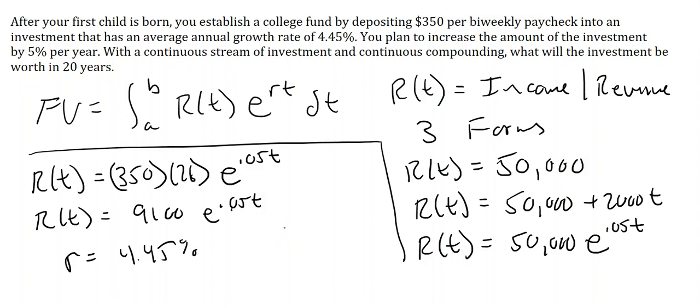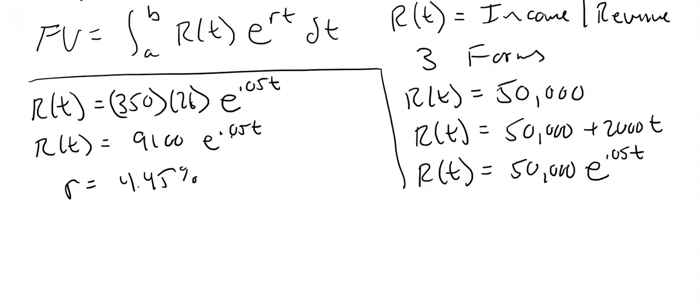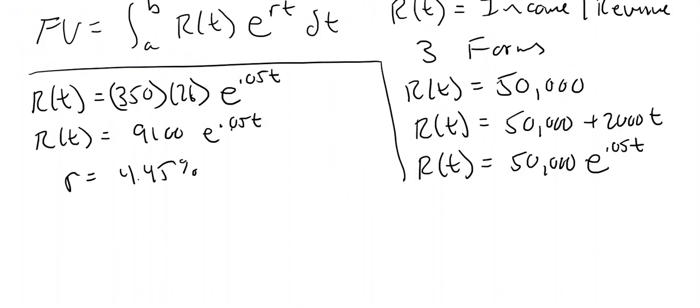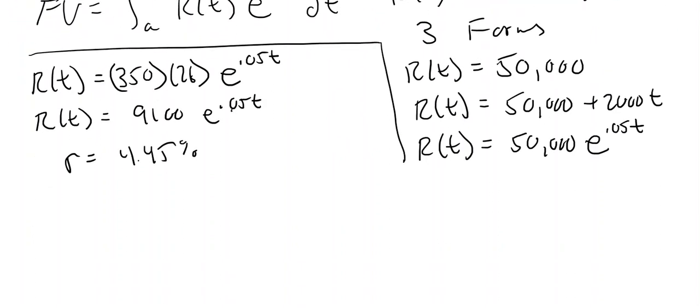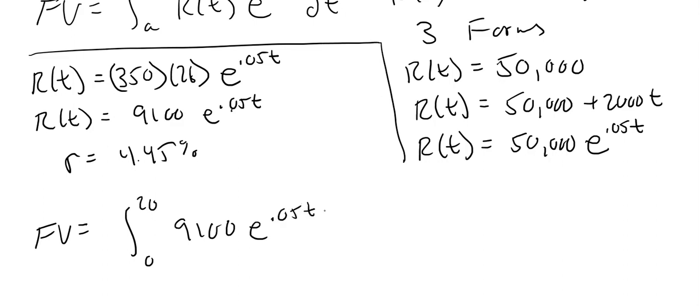All right, so now we can put all of that together in our integral. And this is over 20 years. So our future value is going to be the integral from 0 to 20 years of 9,100 e to the 0.05t. Now that's your revenue function.